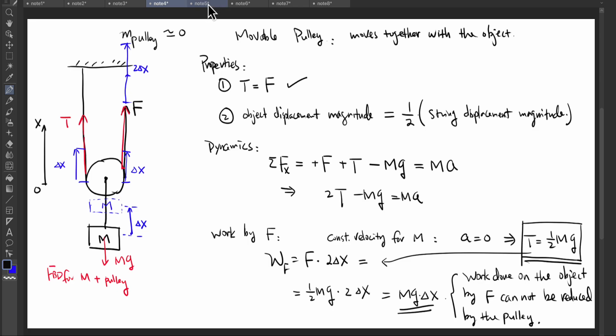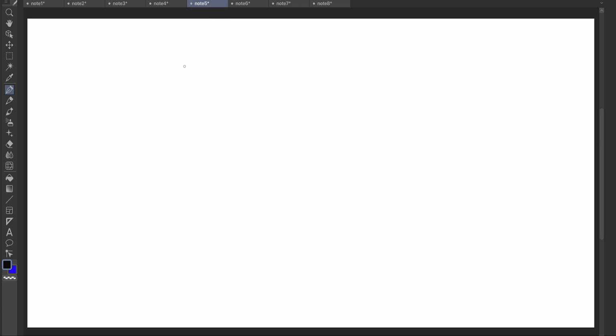Now to end this section, I want to talk about one example of movable pulley. Now here is the problem setup.